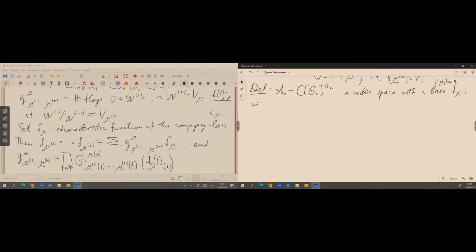And with a Hermitian scalar product: u and v is just the usual scalar product, the sum over g of u(g) times v bar of g.